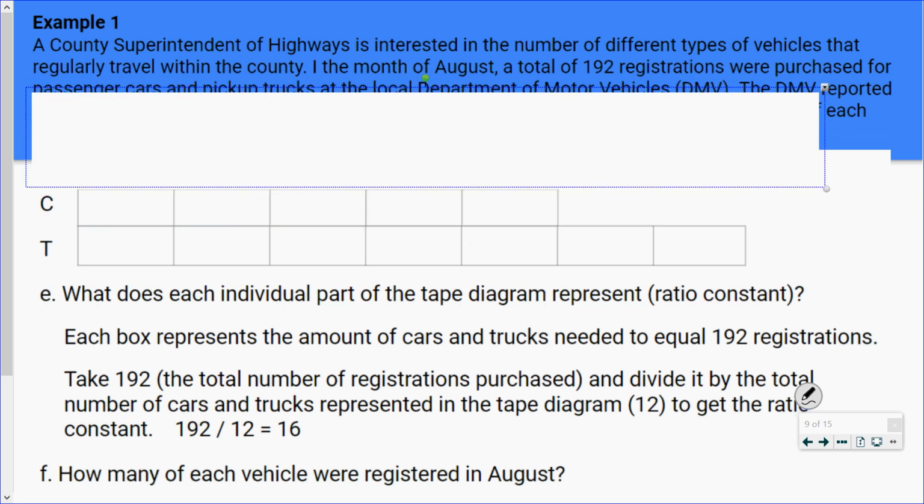What we would do, we would take the 192 total number of registrations purchased and divide it by the total number of cars and trucks represented in the tape diagram.